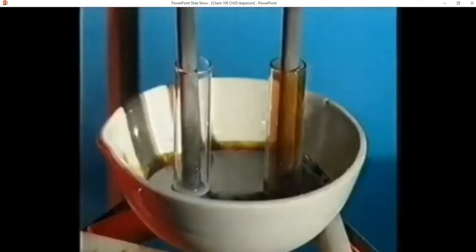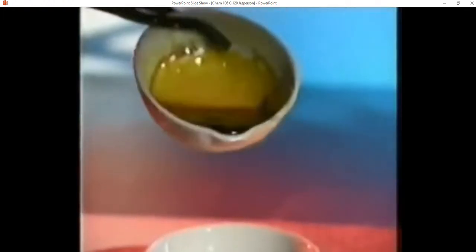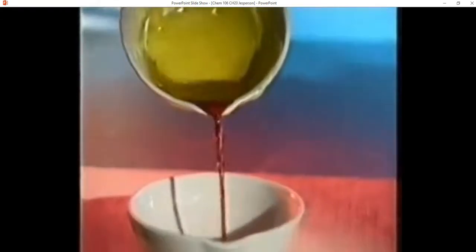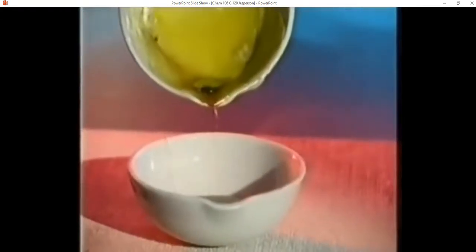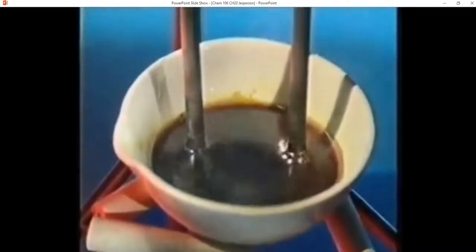The gas is bromine. Although nothing obvious appears to be happening at the left-hand electrode, pouring the molten lead bromide away reveals a small silvery metallic bead. This is pure lead. So, passing an electric current through molten lead bromide breaks it down into the elements lead and bromine.